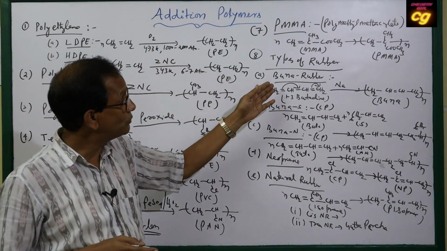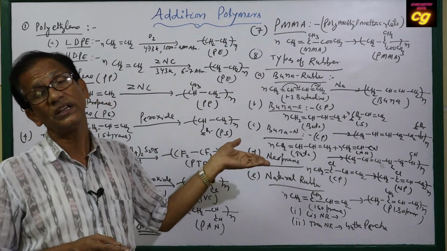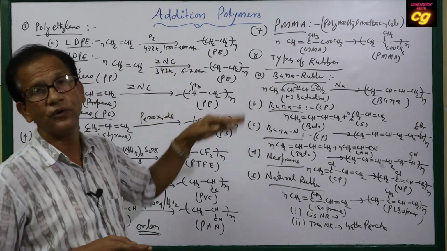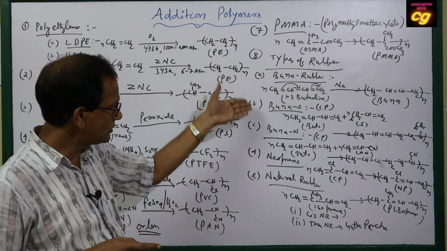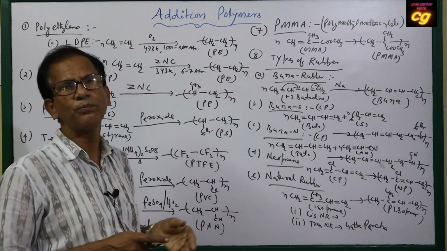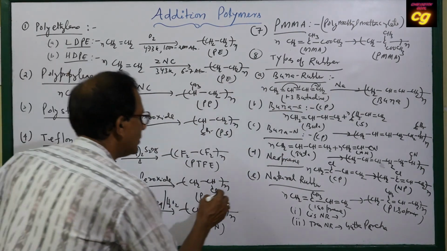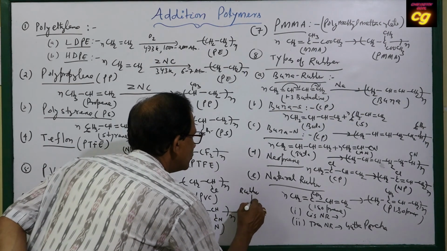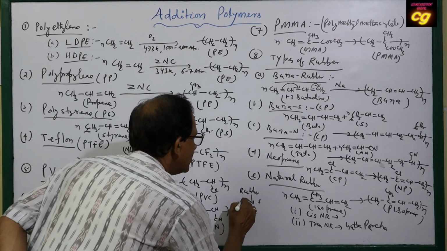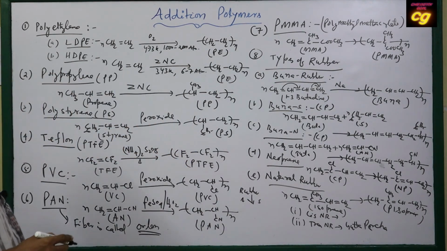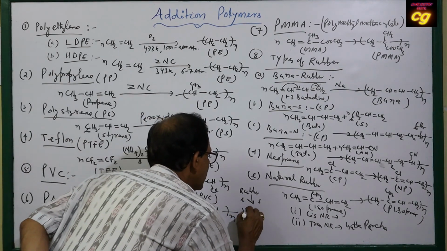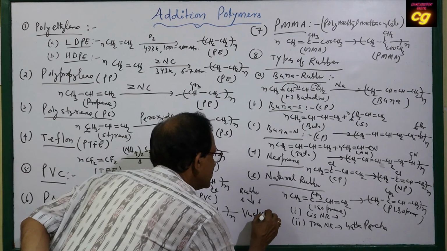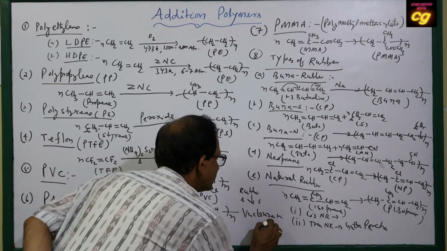Another important thing: the quality of rubber can be changed by adding sulfur. When sulfur powder is added during the preparation of rubber, that means rubber mixed with sulfur on heating, it is called vulcanization of rubber.